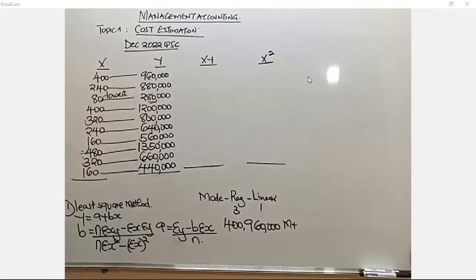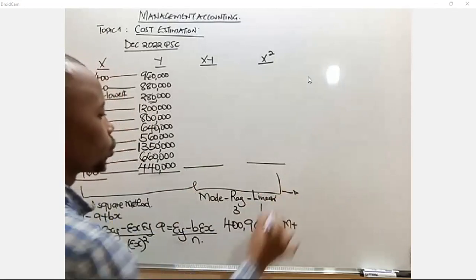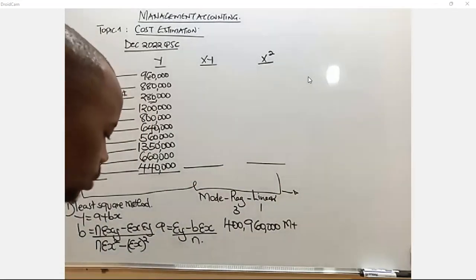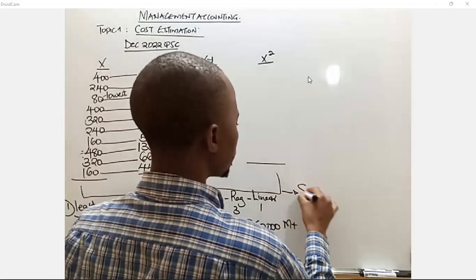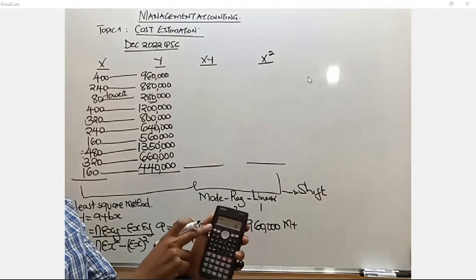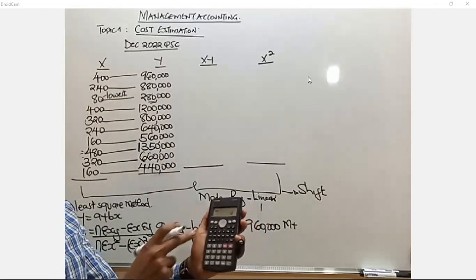So what should I do now to get these answers here? How am I supposed to get them? You take your calculator and press Shift. You see here, my last button on the far left, that is where my shift is.